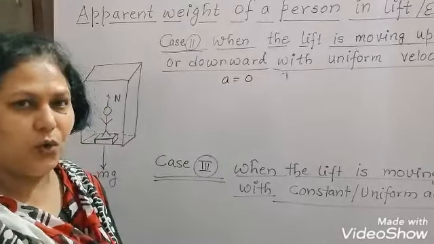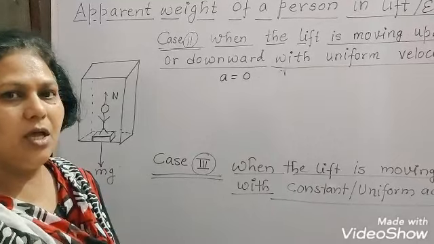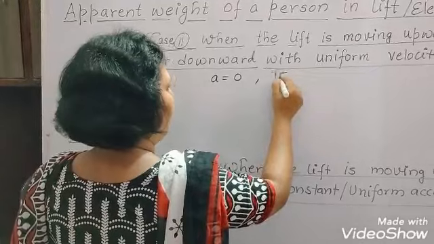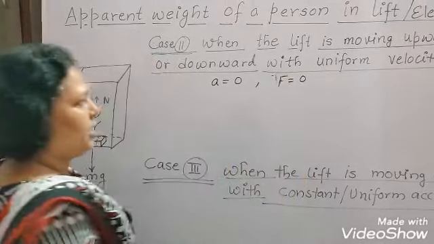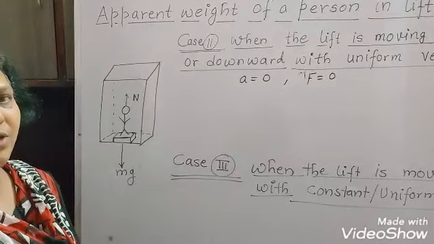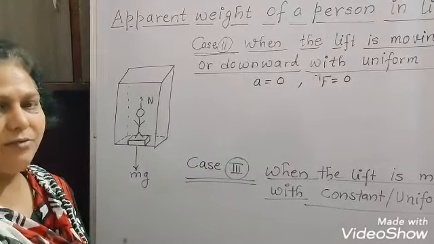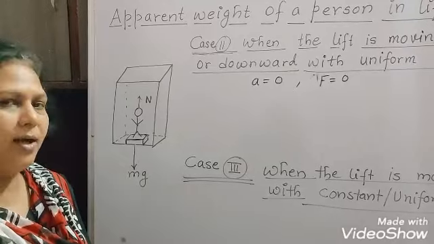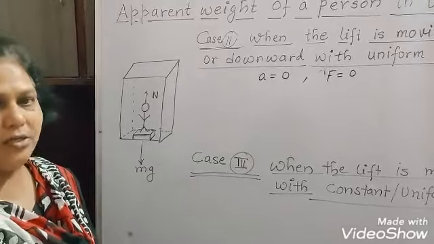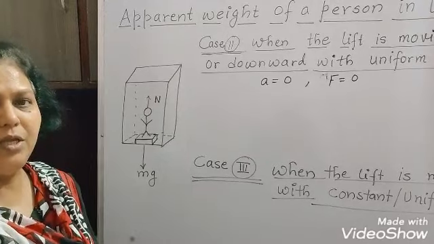Acceleration is 0, that means the net force F will be equal to 0. So whatever the forces are working, all the upward forces will be equal to the downward forces, so that the net force will be 0.